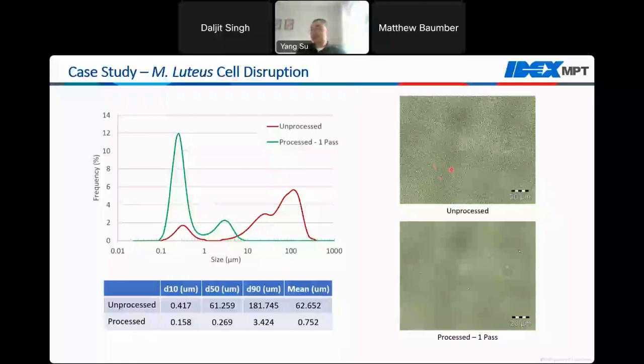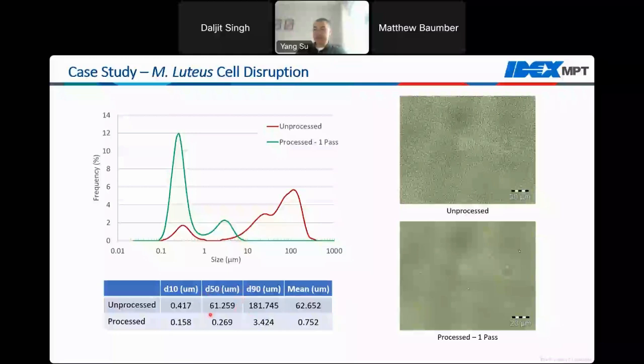Because the size of the cells is small, the cell density is pretty high here, but you can see them through the microscope image, and they're also confirmed by the particle size analysis. Although in this case, the microscope is probably the better analysis tool. However, the particle size can also indicate the results before and after a cell lysing step.